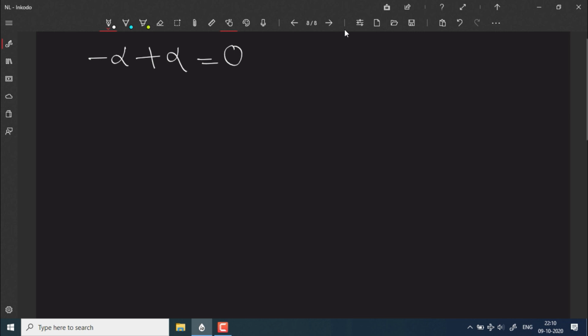So we can prove that W is closed under vector addition, and the zero vector also belongs to W. Why am I showing this?